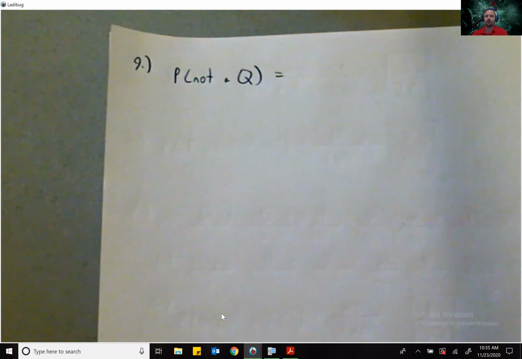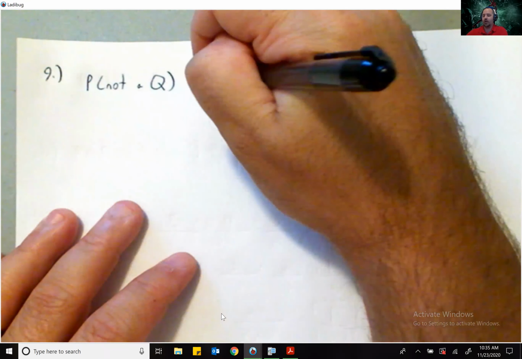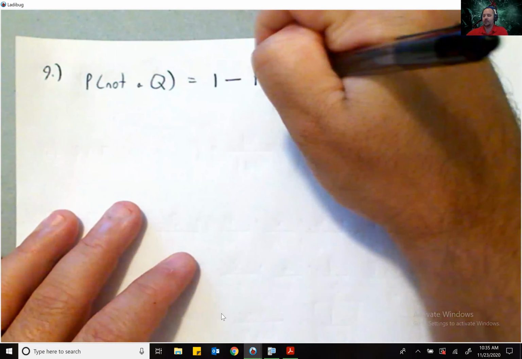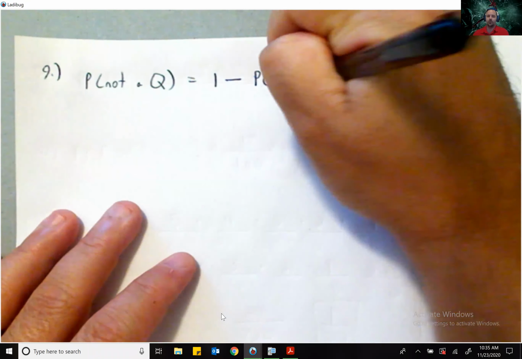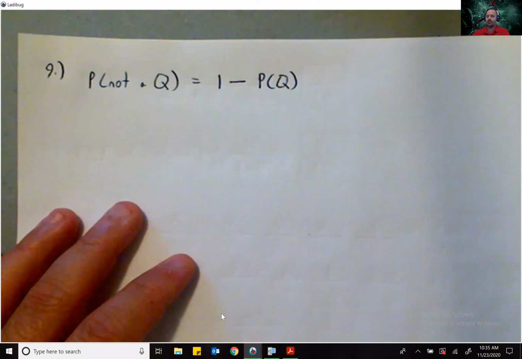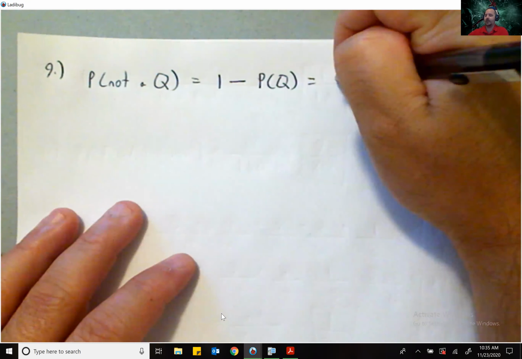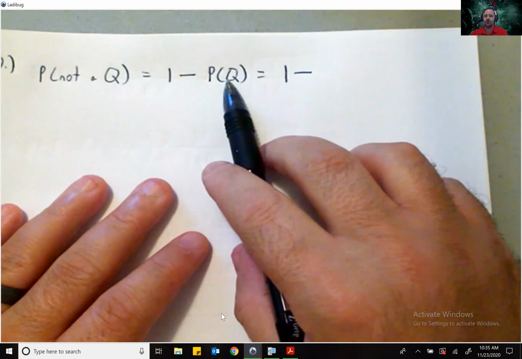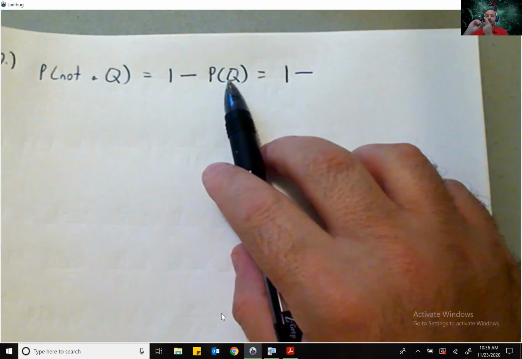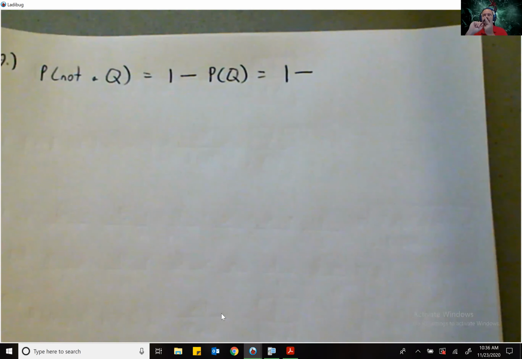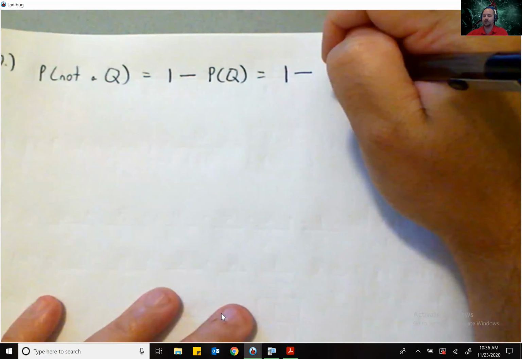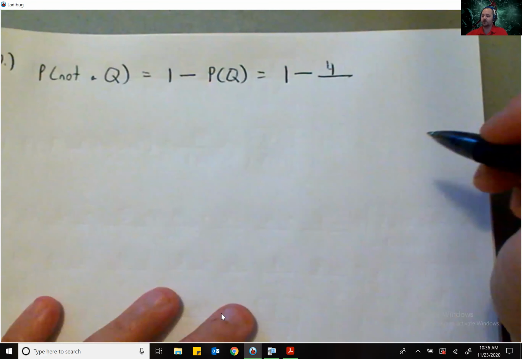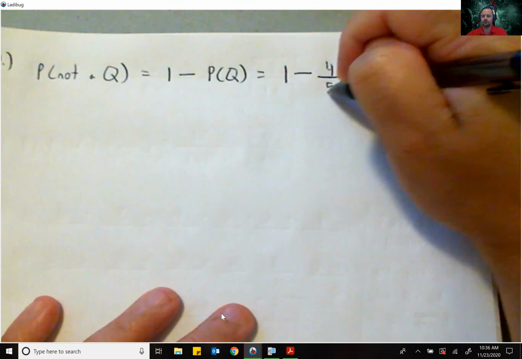A quick way to find the probability of not a queen, take 1 minus the probability of getting a queen. Well, that's easy to do. 1 minus, well, the probability of getting the queen. How many queens are there in a deck of cards? There are 4. The queen of hearts, the queen of spades, the queen of diamonds, and the queen of clubs. So there are 2 blacks, 2 reds, 4 queens total out of how many cards? 52.